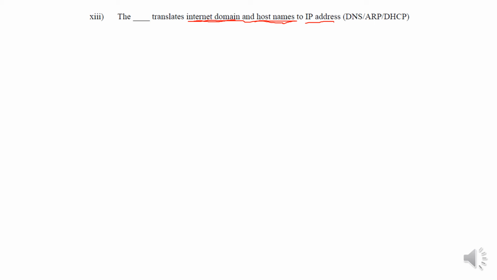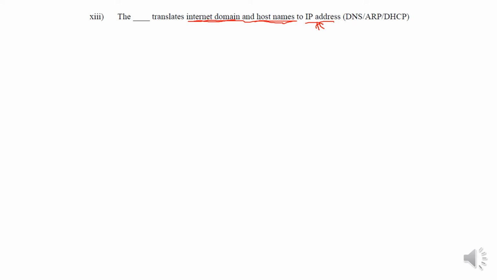But internally one application server has a particular IP address that the browser needs when it wants to communicate or connect to the server. But we provide the domain name in the browser.